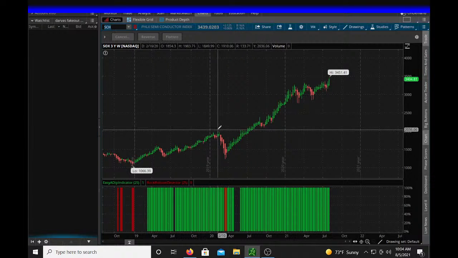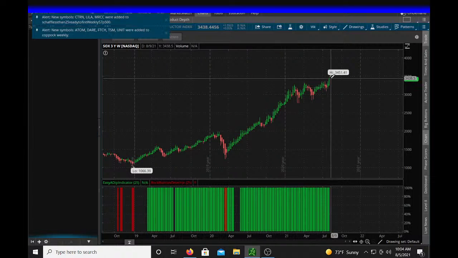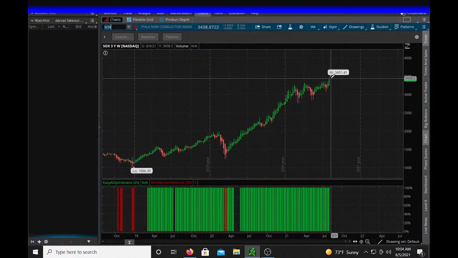So this probably was a great one to invest in before it became way overextended. The low probably was the place to go, but even had you invested there, your returns are still massive. Massive returns.